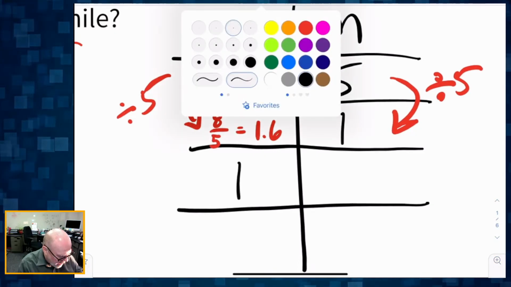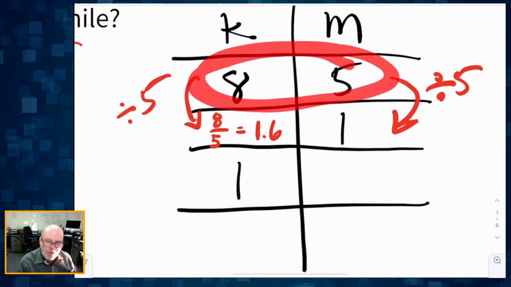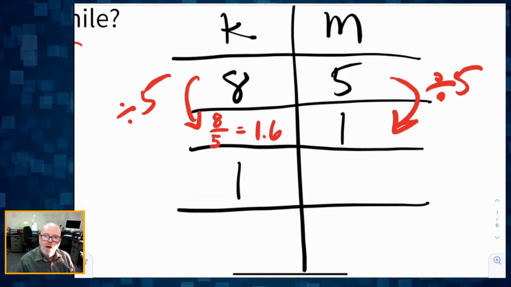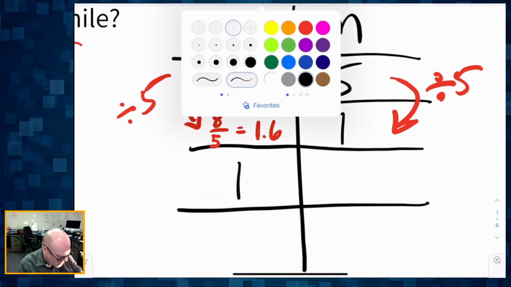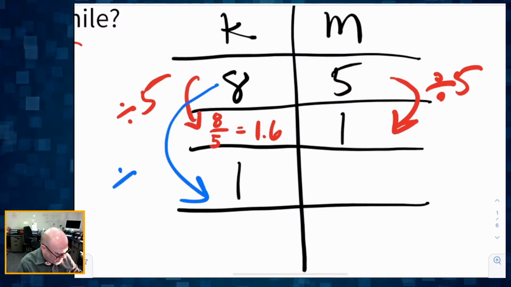So the idea is, how do we go back to that original ratio up there, and how do I turn the 8 into a 1? Well, I'm going to scale by dividing by 8.